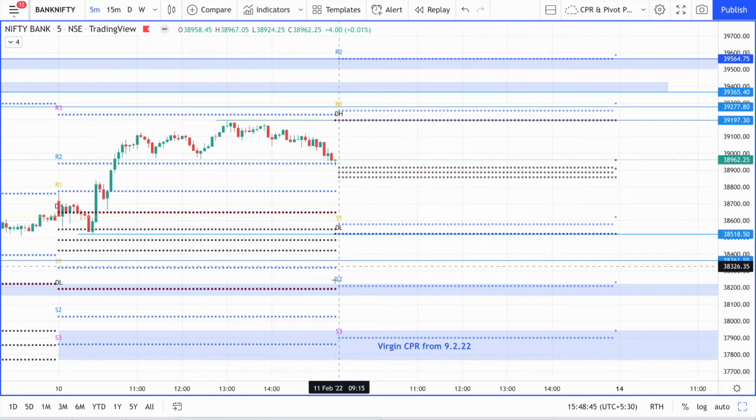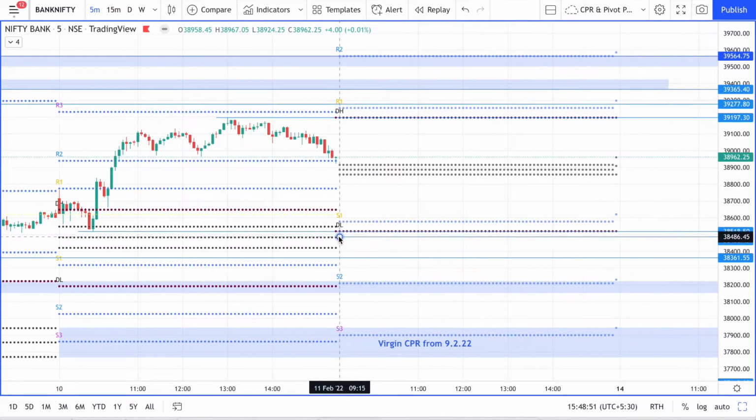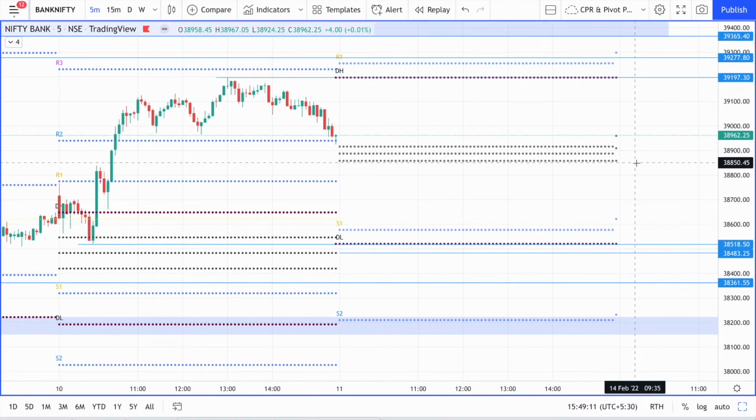Sometimes it is seen that the central pivot acts as a support here whenever price comes back to it, whenever you have very small candles or a very small body of candles inside the virgin CPR. So you can have this zone ready here. So instead of just marking this one PDL, you can have this one zone ready here if that is what you like. Then for comfort you can have it ready. So we'll just let it be like that.